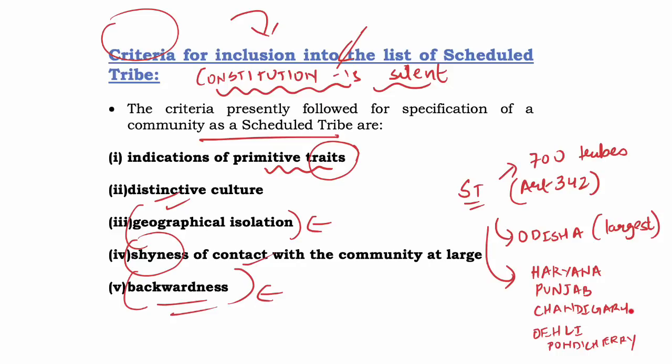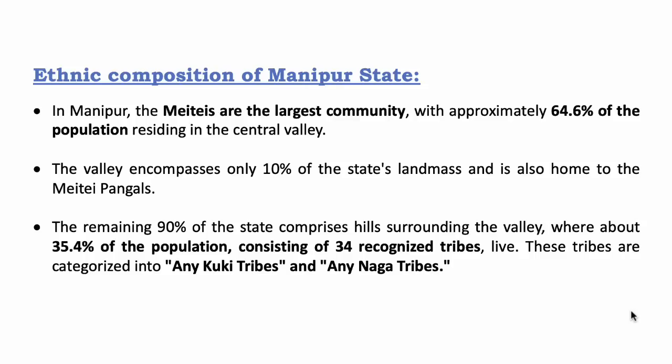Now we'll have a look at the ethnic composition of the Manipur state, as the state in news is Manipur and the conflict that has erupted there. In Manipur, the Meiteis are now to be included, as per the court order, under the scheduled tribe communities. Meiteis are the largest community in the Manipur state, occupying 65% of the population. They are residing in the Central Valley.